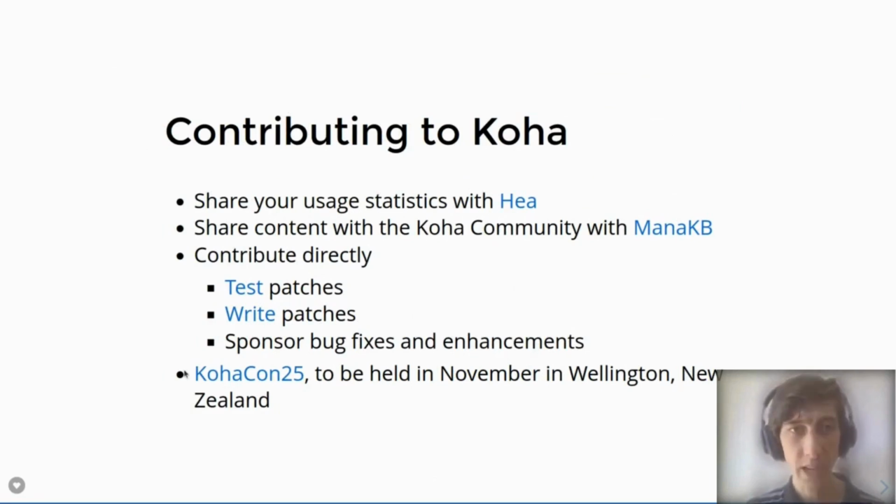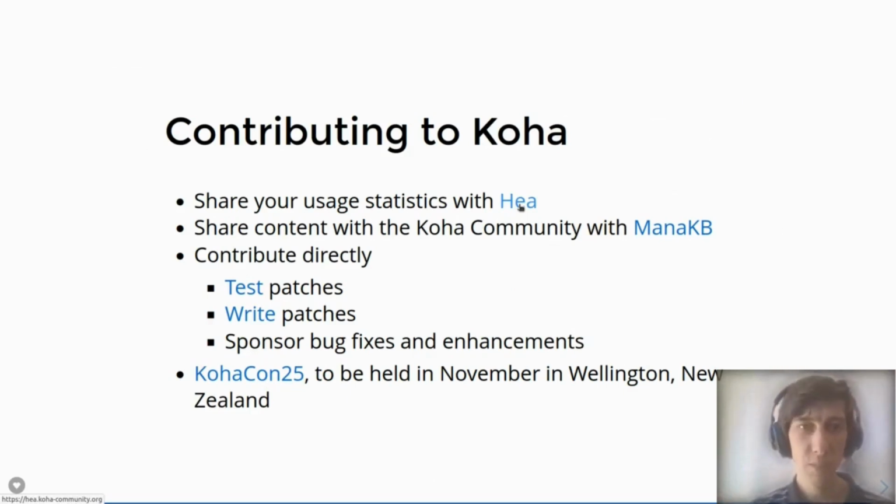This is useful to the community because they can see lots of libraries are using a particular feature, so they'll drive development effort towards that feature because it's widely used. So if you'd like to try and influence what new features or what parts of Koha get more development effort from the community, using Hea is a great way of doing that. It does anonymize all the statistics of how your library uses Koha, so you don't need to worry about privacy implications because everything's anonymized.